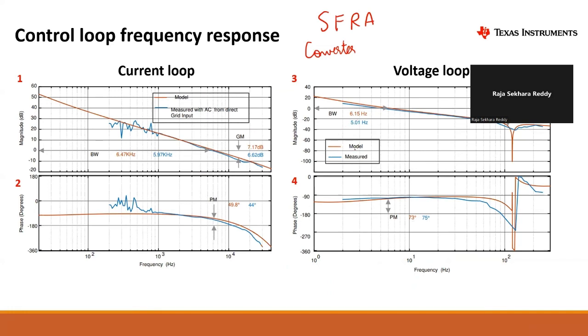How closely your model and your measured response, which you measure in real time while the converter is running, match has also been shown over here. And you require this for your controller design, which we have studied in the previous weeks: how from the Bode plot we set the gain margin, phase margin, and the bandwidth. All these concepts come over here.